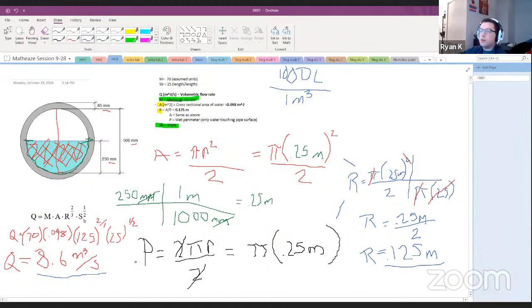You'll be left with liters per second. So that would just be, as a rounded number, 8,600 liters per second.